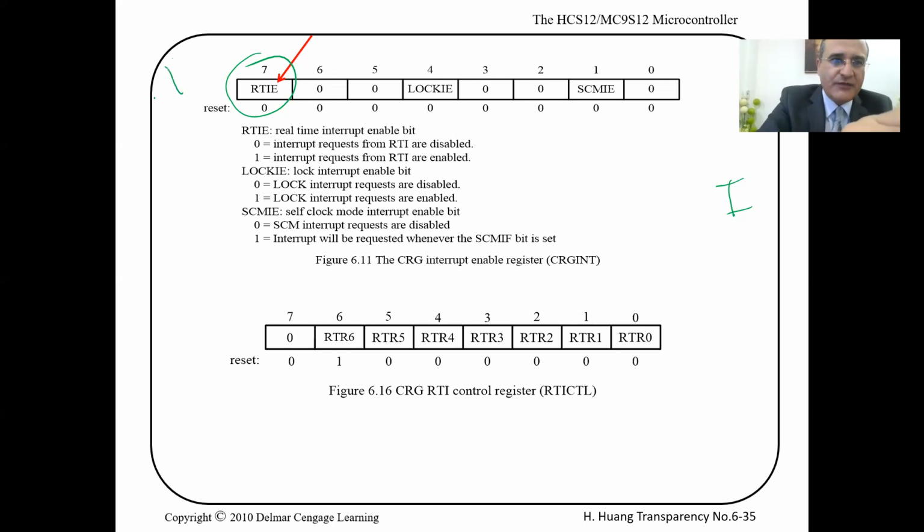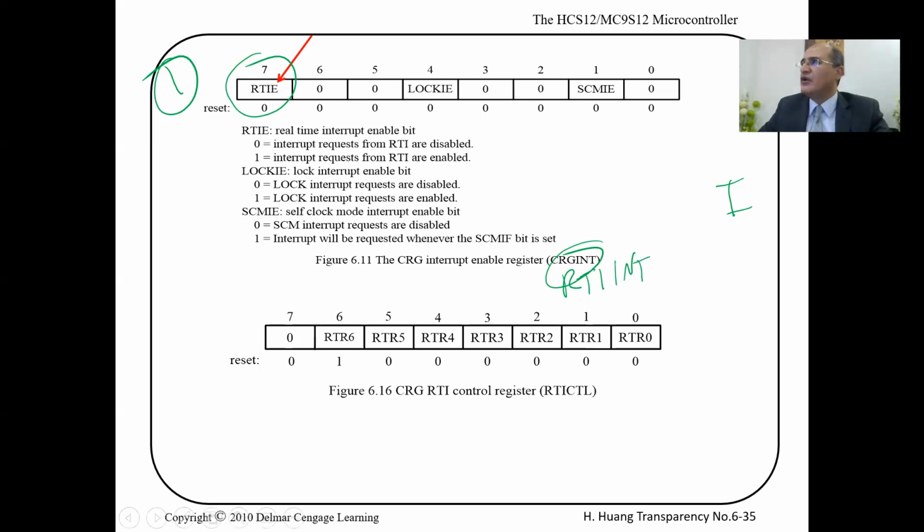So this is register number 1, called the CRG init or RTI init. I think it has another name, RTI init. If CRG init doesn't work, we can try RTI init. Then another register called RTI control.